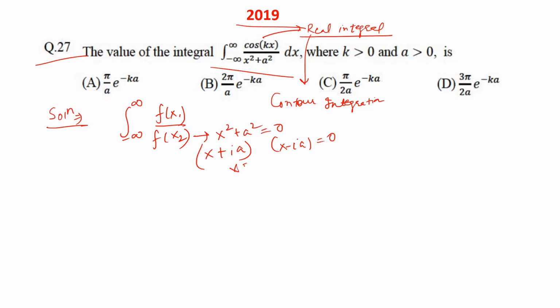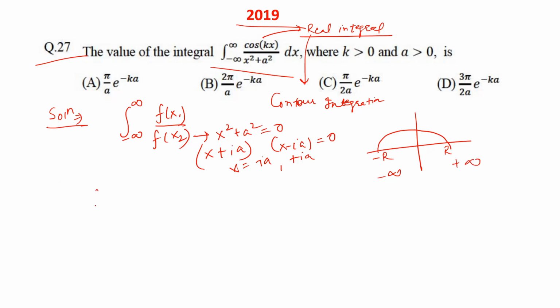Yes, there are no real roots. So in this case, what we generally do is take a semicircle contour with limits varying from minus r to r. But here in this case, we are given minus infinity to infinity.